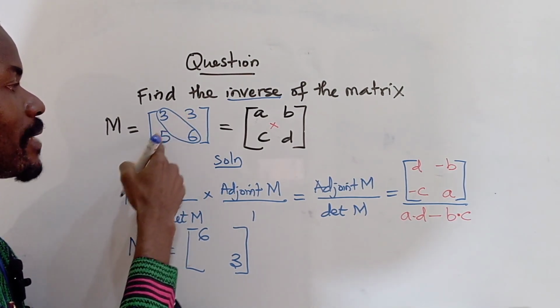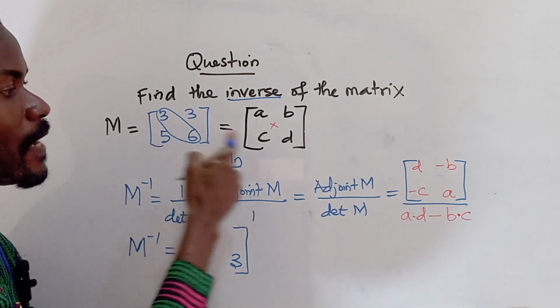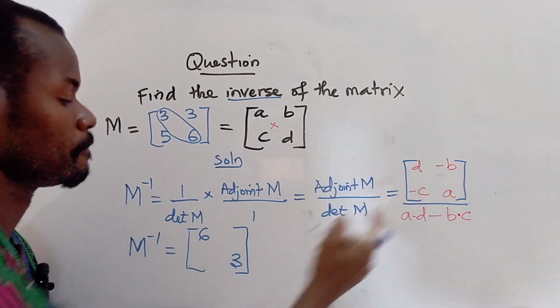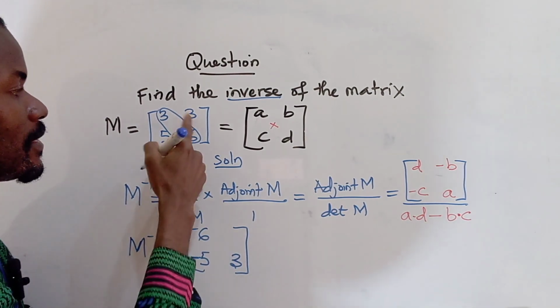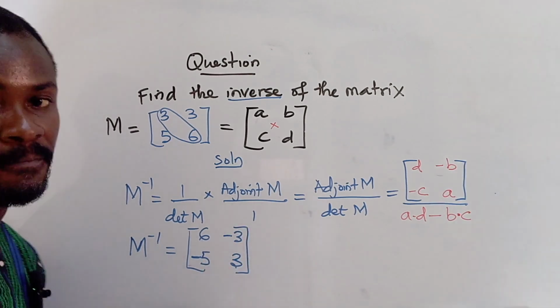Then we are going to add minus to these 2, just like we added minus to these 2 here. So I have this as minus 5, and this is going to be minus 3.